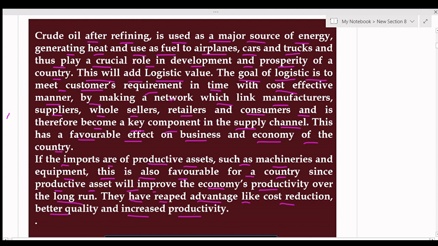The imported value of machineries in financial year 2021 was rupees 2225.18 billion, and in financial year 2022 it was rupees 2977.68 billion.